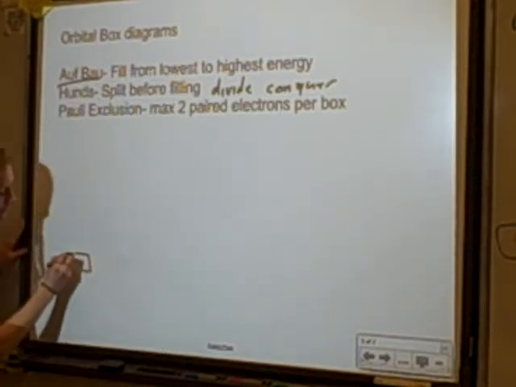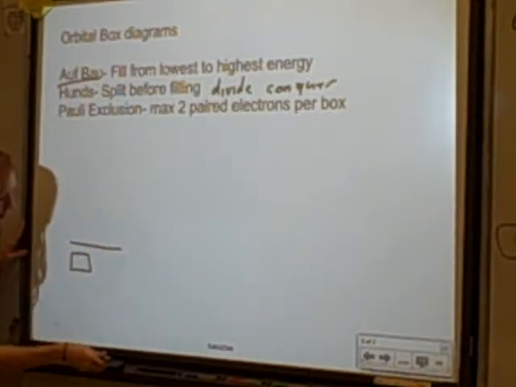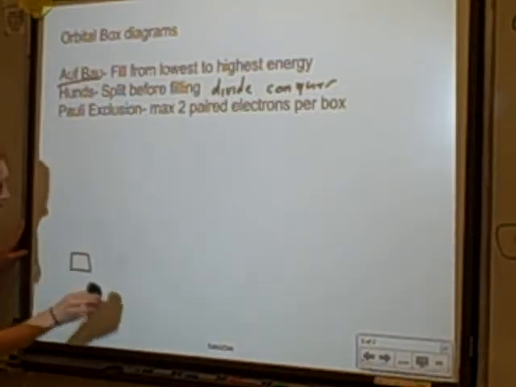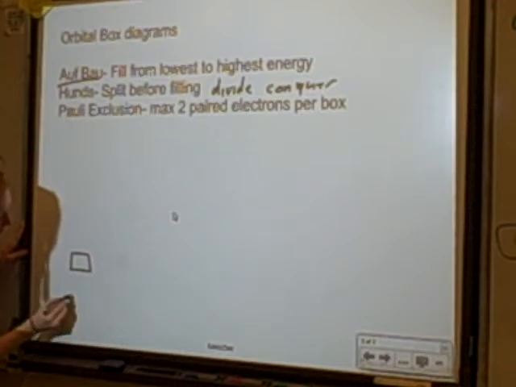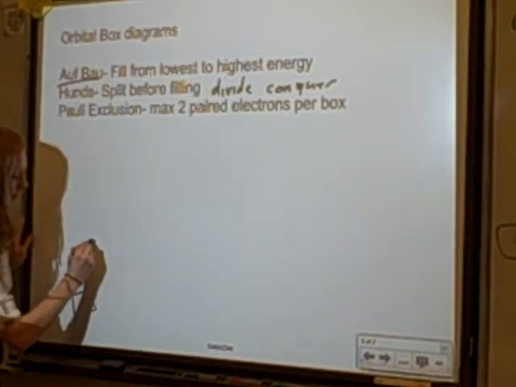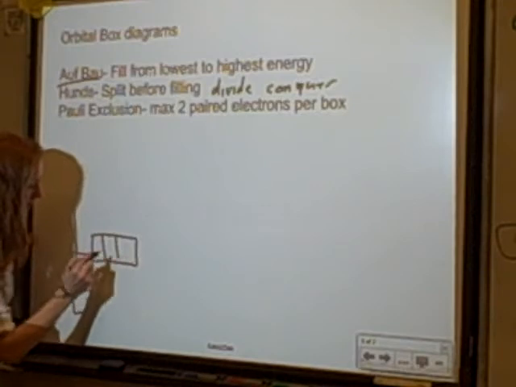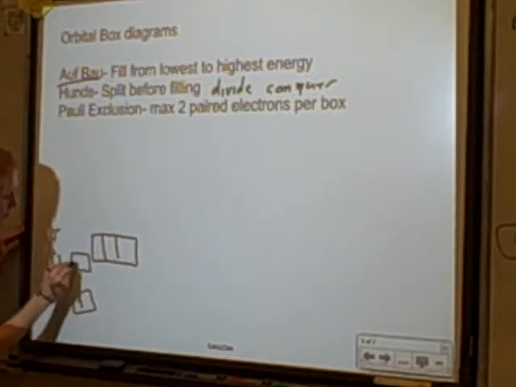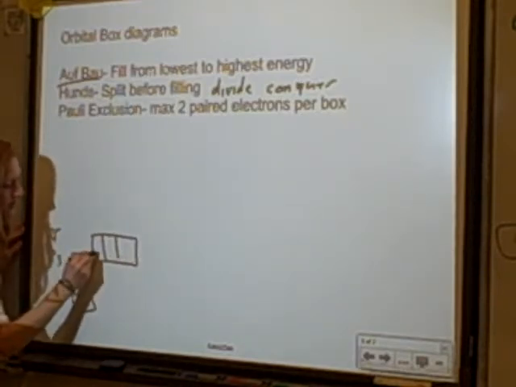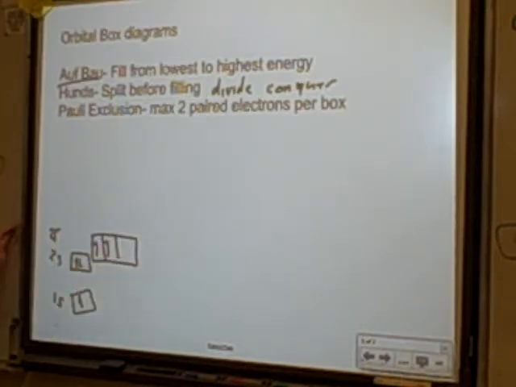So this will be, I want to go S and then P. So here's 1s, 2s, and then 2p. And we'll just draw 3 things. So this first one, let me know which one you think this is violating. And we'll leave it like that.